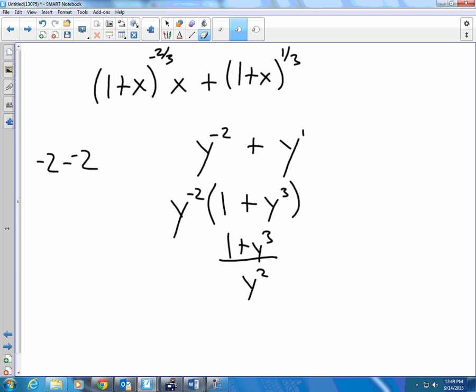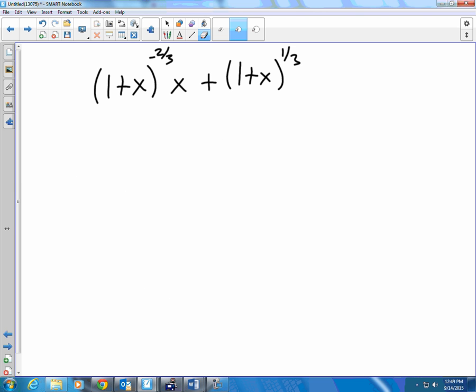Now, let's try the real problem. See how you guys handle this. I didn't try this example last year, so this is my first time trying it, so we'll see. All right. What's the smaller of the two exponents? So I'm going to take out a 1 plus x to the negative 2/3.